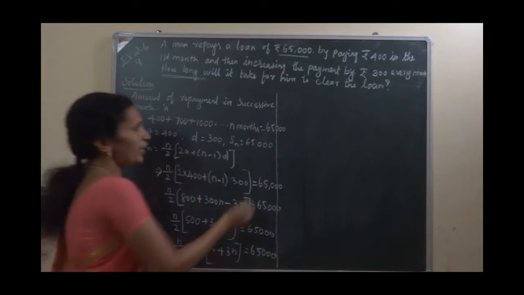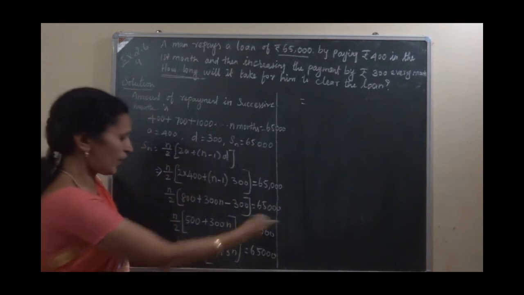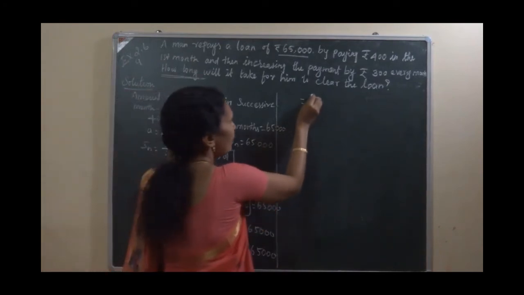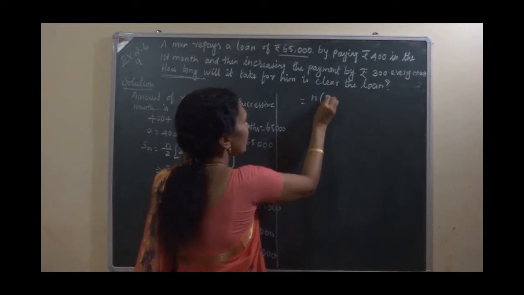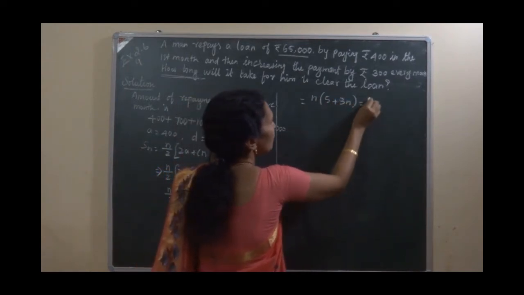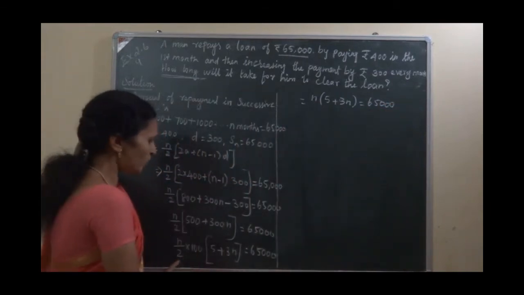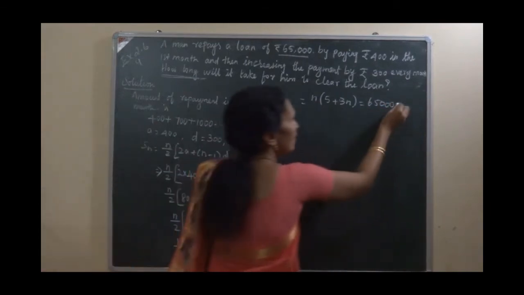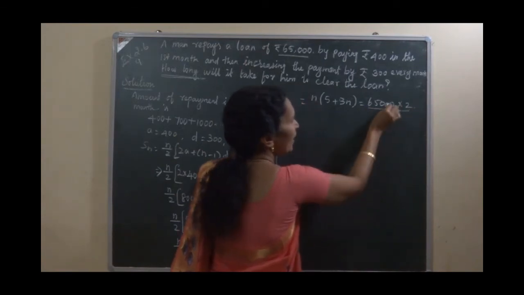Now take the 100 and 2 to that side: n into 5 plus 3n equals 65,000. Denominator goes to numerator and numerator to denominator.